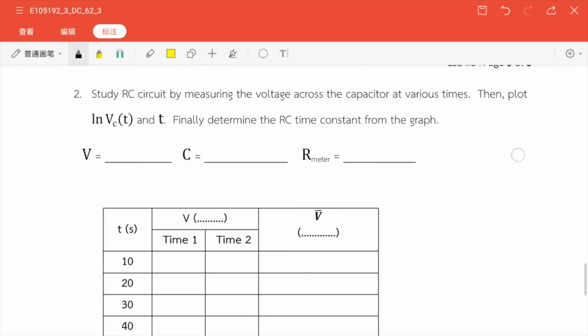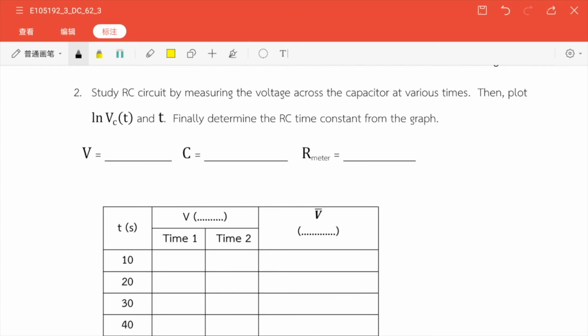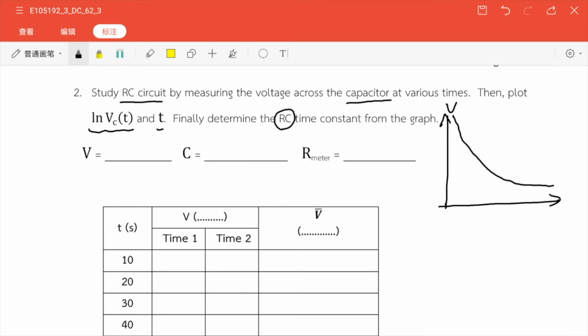Keep going, we come to the most important part in this lab, which is the RC circuit. Study the RC circuit by measuring the voltage across the capacitor at various times. Then plot ln VC against t. Finally, determine the RC time constant from the graph. So what we are going to do is prove that, in the theory part, we have this plot, and here is t.